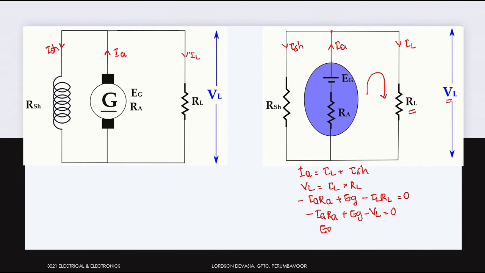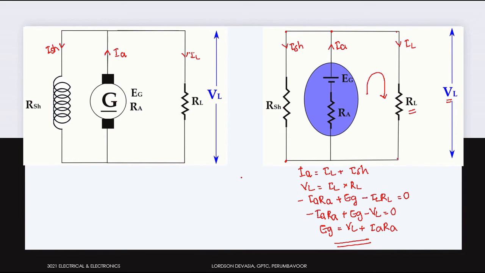So EG is equal to VL plus IA RA. Then what is the voltage across RSH? One point of RSH is here and the other point is here, so the voltage across RSH is the same as VL.